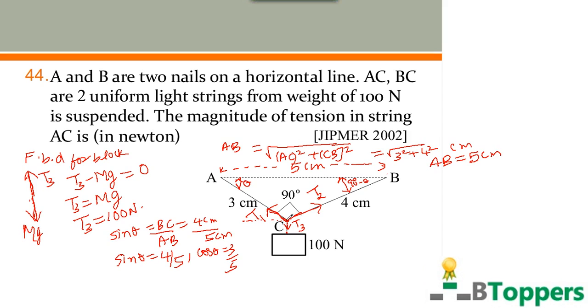Draw a horizontal line through the point C parallel to AB. This T1 makes an angle theta with the horizontal direction, whereas T2 makes an angle 90 minus theta with the horizontal direction. Therefore, the angle between T1 and T3 at the point C. You can draw a separate figure showing the forces acting on the particle at C. So T3 acts vertically downwards.